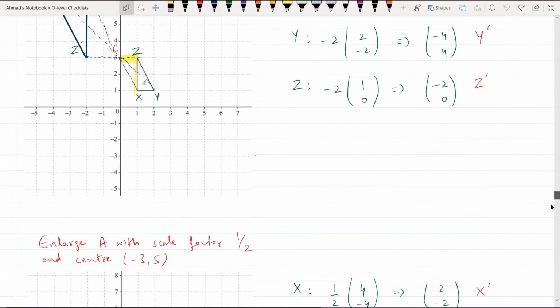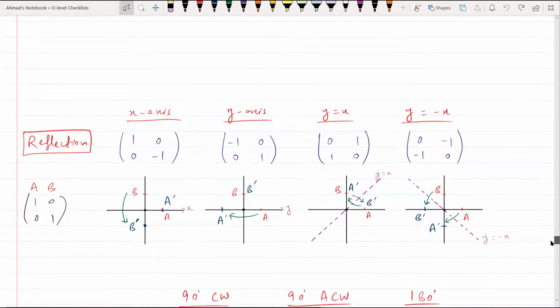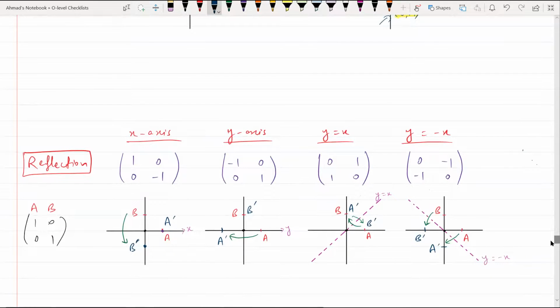Okay, so x axis में reflect होके क्या होगा? B आपका नीचे चला जाएगा, and that's your B dash, so that is your other point, that's 0 minus 1. So that's the matrix that represents the reflection in x-axis.